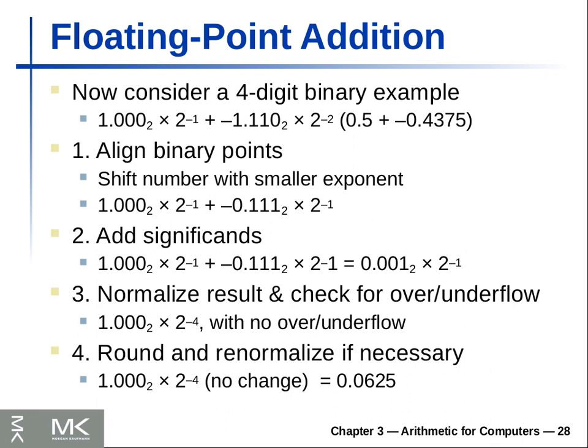We need to move this exponent. Normalize. So notice you had to move the 1 over 3 times, so you had to subtract 3 from the exponent to get -4. You okay with that?